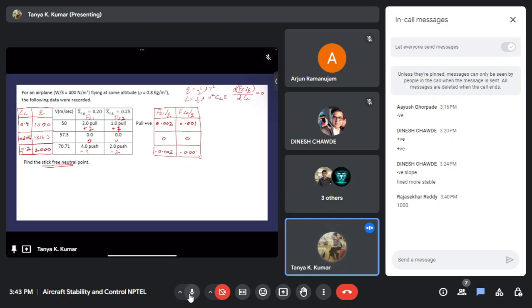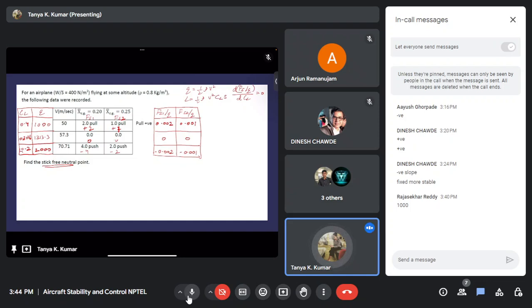Let's just verify these values and then we can solve them together. So I hope all the values are correct, so we can proceed from here.